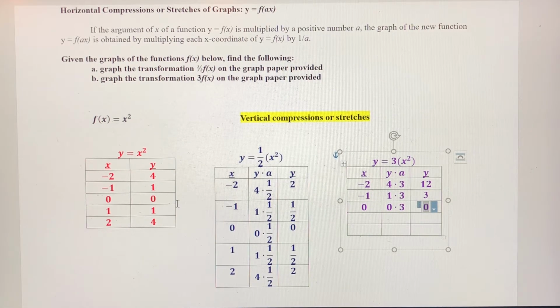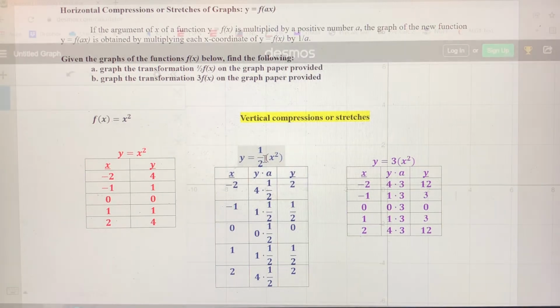If you think to our vertical shifts and horizontal shifts from earlier in this unit, that should make sense. Our x-coordinate of 1 is now going to correspond with a y-coordinate of 3, and our x-coordinate of 2 is going to correspond with 12, just like -2 did, okay? Now let's take a look at the graphs and see, when we have this coefficient of the function, what it looks like visually.